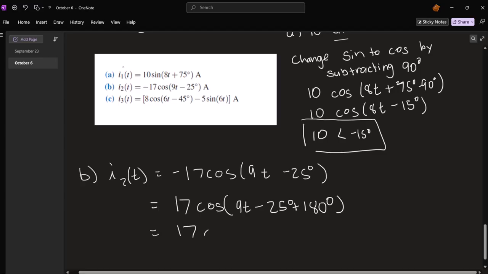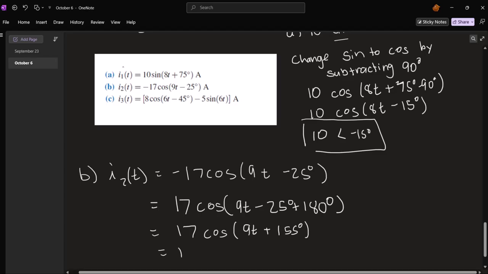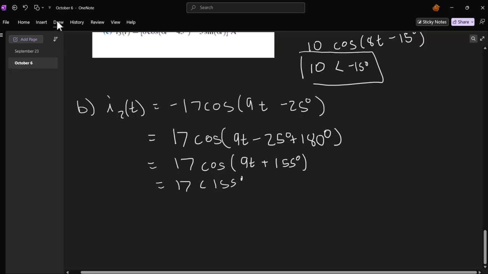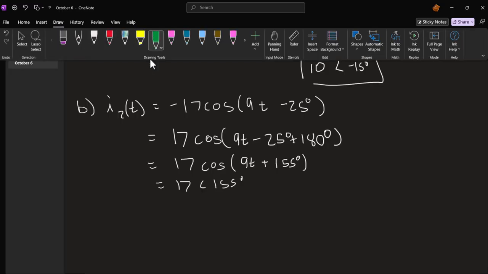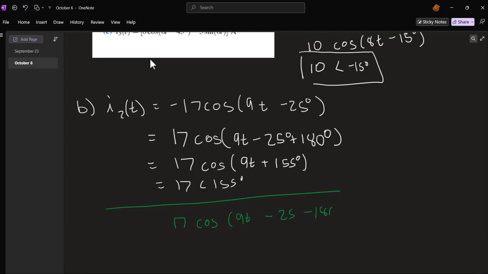And I'll show you what we would do if we subtracted and just how we would adjust it. And so that's plus 155 degrees, I think. 17 angle 155 degrees. Now, you could have subtracted it. So we could have done 17 cosine 9t minus 25 minus 180 degrees.